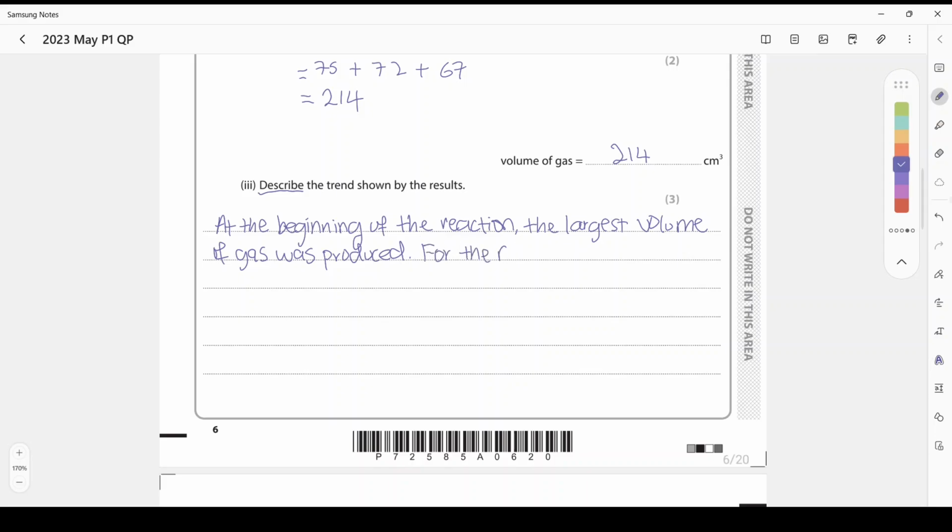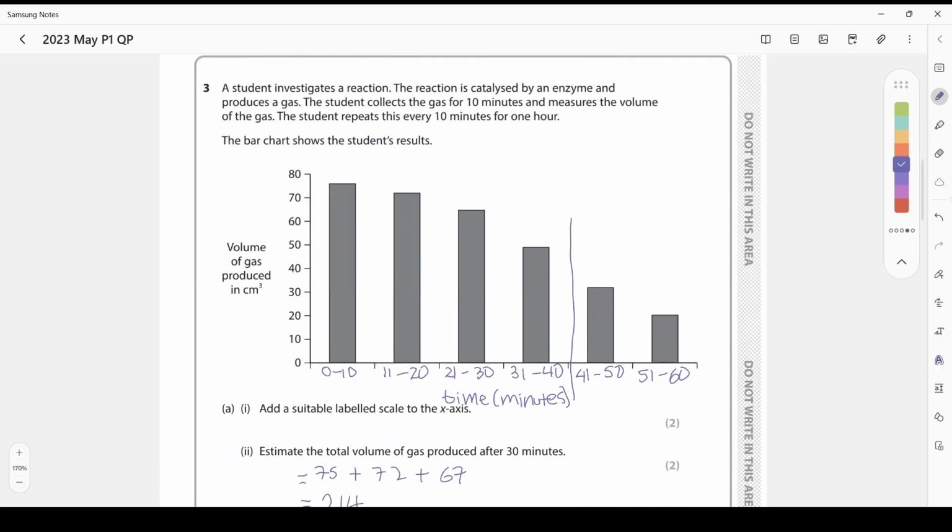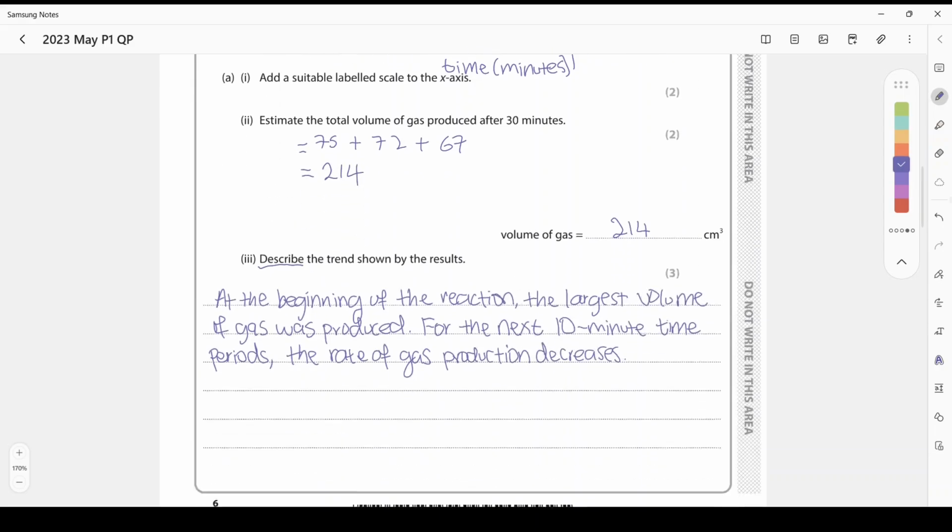For the next 10 minutes, gas production decreases. And then we can see after 40 minutes, a lot less gas is produced.